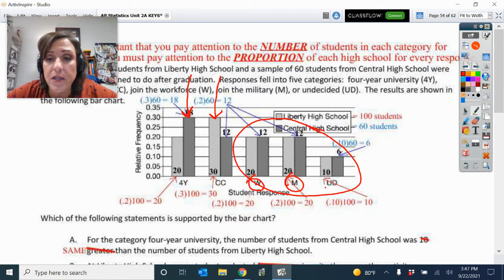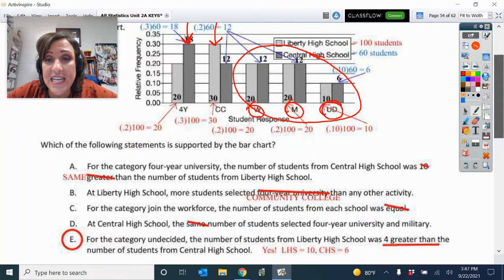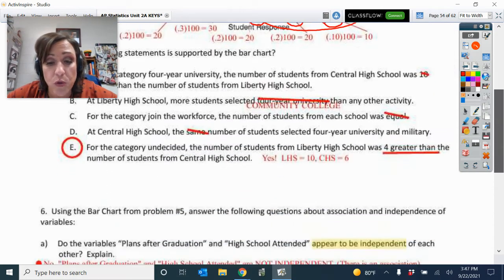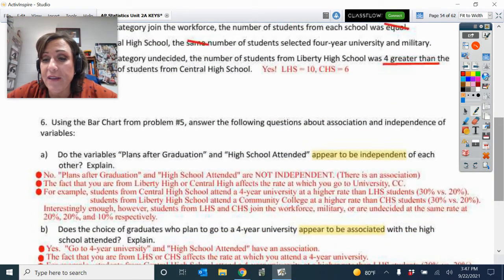And finally, the proportion of Liberty and Central High School students who are undecided is the same, 10% from each school. Okay. And you see, even though they're different numbers of students, it's 10% from each school. Okay. So that's what I have down here.